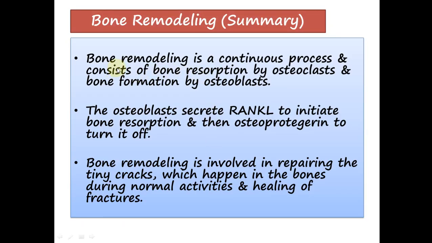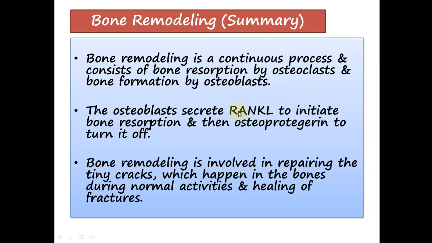So a summary of today's lecture is that bone remodeling is a continuous process and consists of bone resorption by the osteoclasts and bone formation by the osteoblasts. The osteoblasts secrete the RANK ligand.